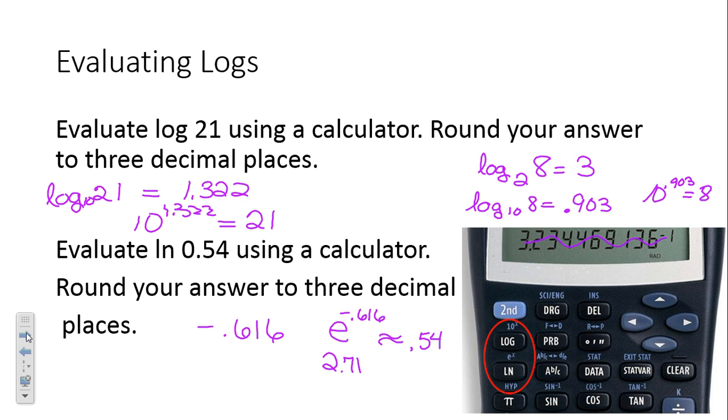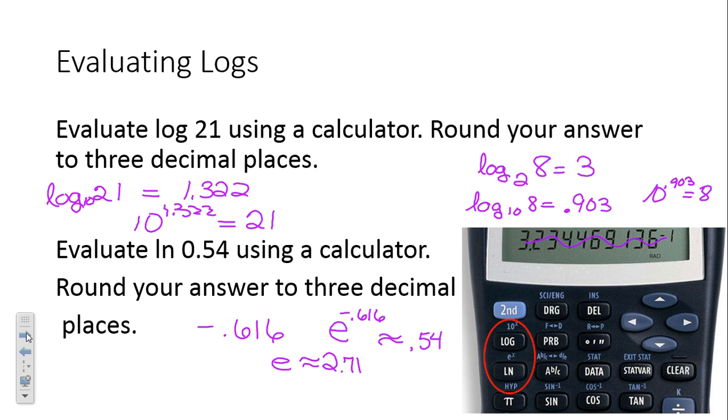The 2.71 is the number e. That's our little e guy that we've been talking about for a couple days. It's always that, like pi. Pi is always 3.14, e is always about 2.71.